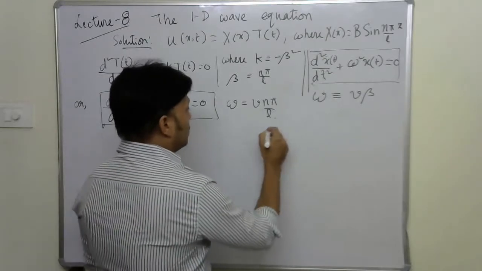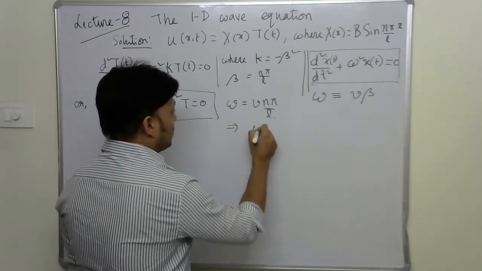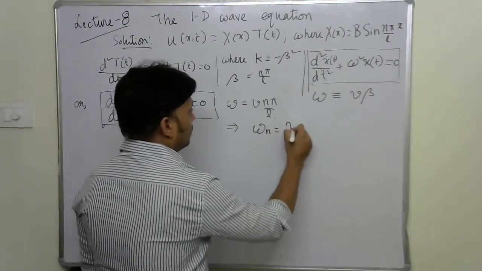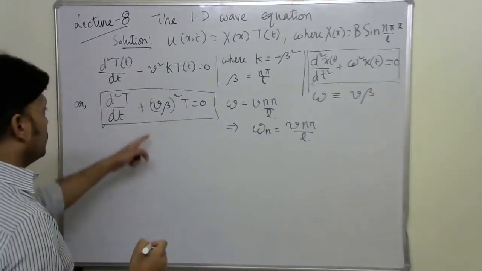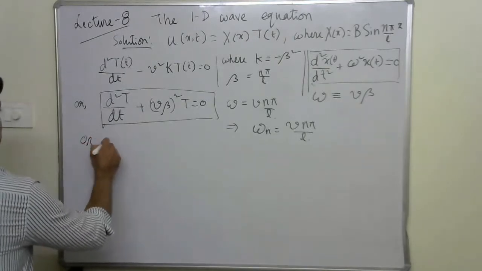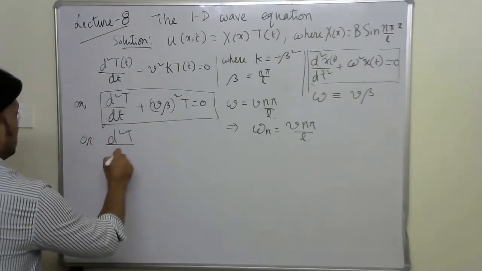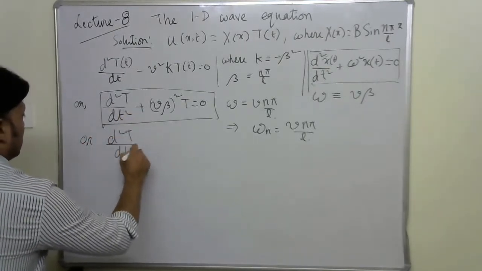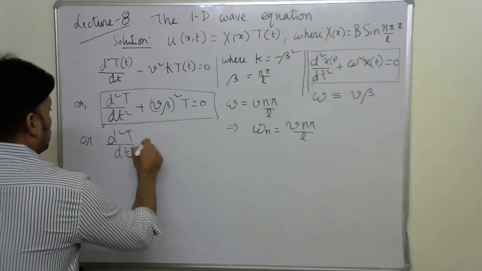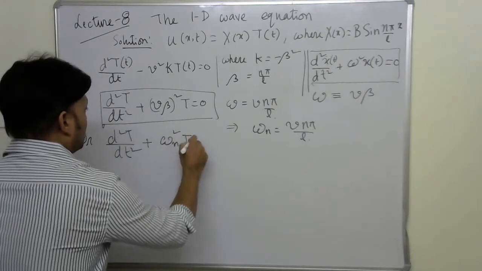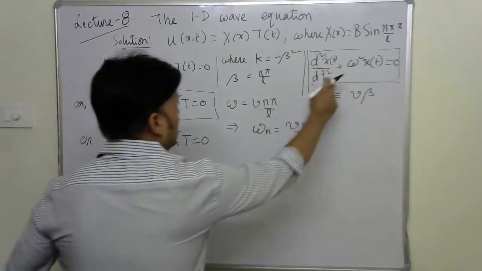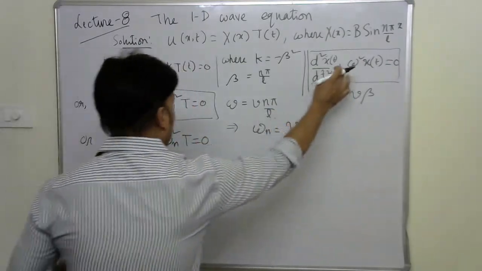So in other words, we can write omega n is equal to v n pi over L. Okay, so we can directly write this part as d²T/dt² plus omega n square T is equal to 0. Now we see we get back exactly this form.